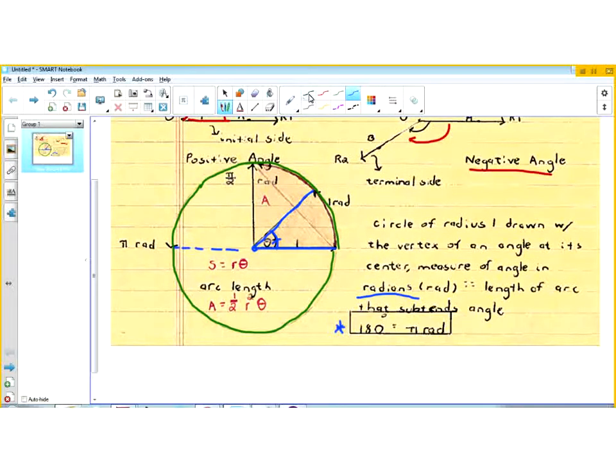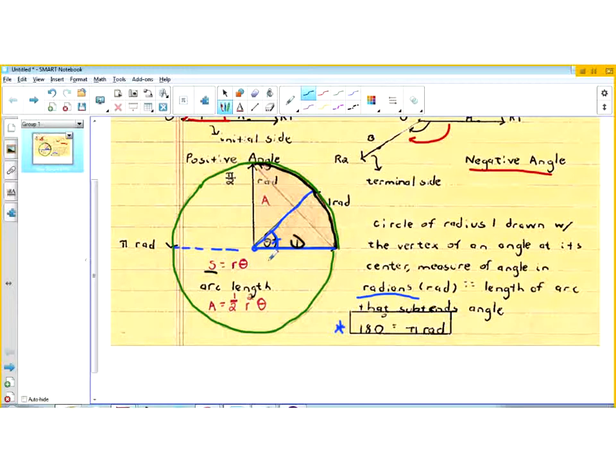So we talk about arc length. For instance, if I wanted to find the length of this arc that I'm accentuating in black, we say that S is the arc length, and it's measured as the radius, in this case 1, times the measure of the subtending angle in radians.